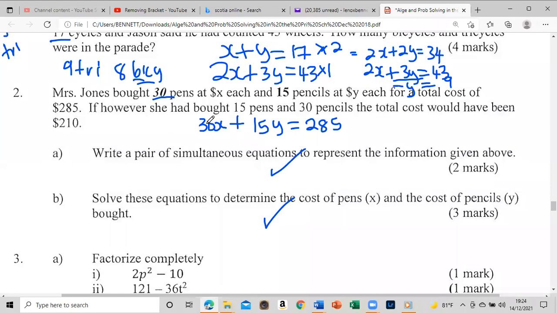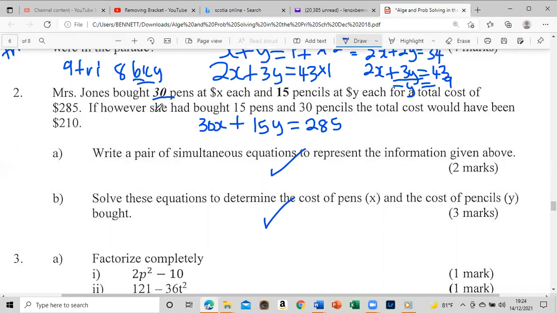Sorry about that. All right, so it says, if Mr. Jones bought 30 pens at $X each, and 15 pencils at $Y each, so 15Y, the total cost would be $2.85, right?